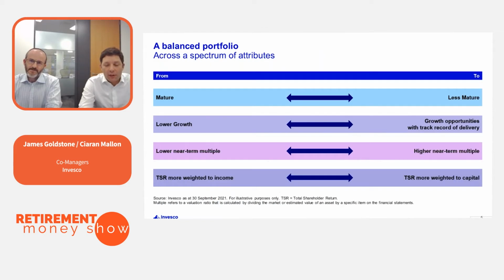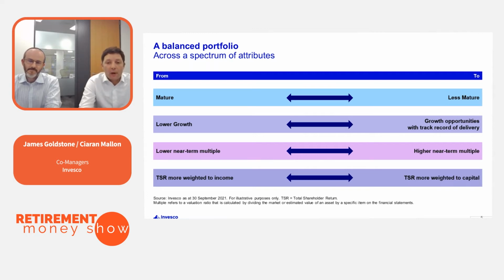So the objective of the trust, and what Ciaran has just described about the board's approach to dividends, that's enabled us to construct a portfolio that's more balanced. So as you look at this slide, we have holdings that would appear on the left-hand side, companies like BAT, like Vodafone, that pay significant dividends today.